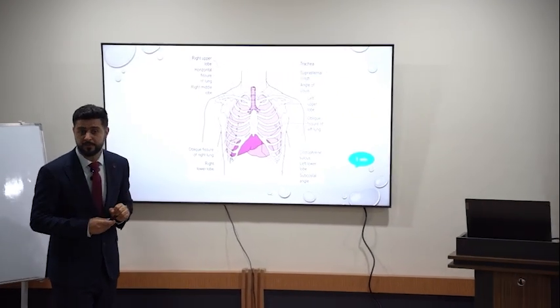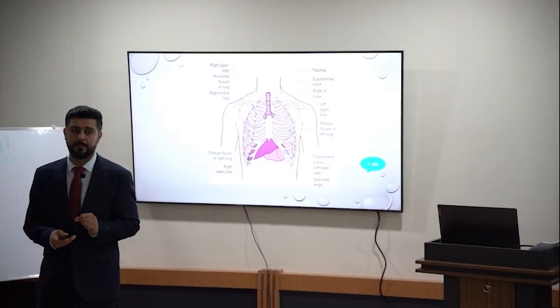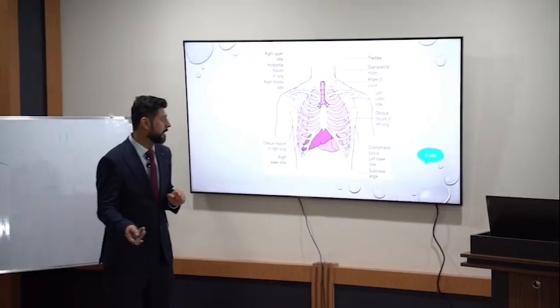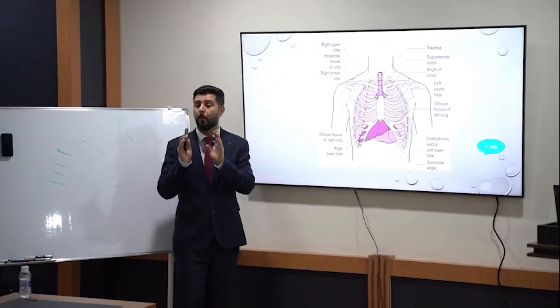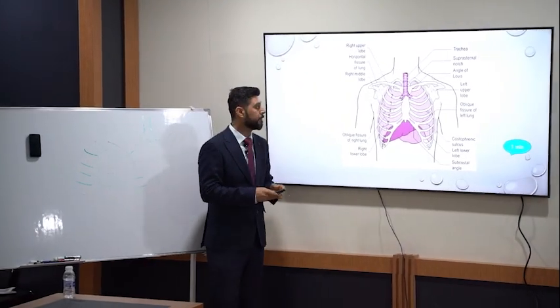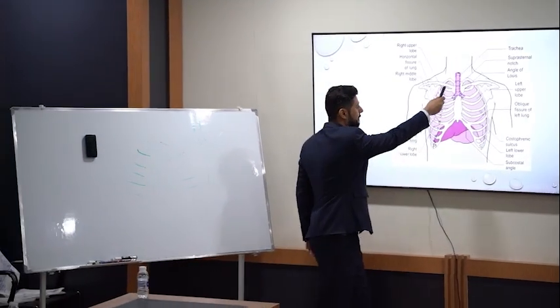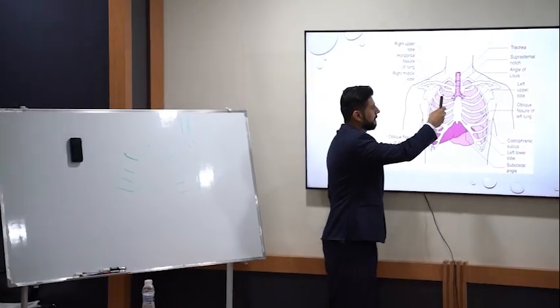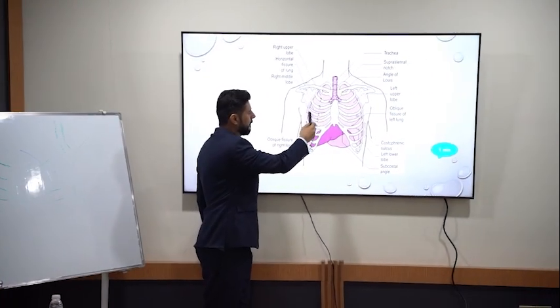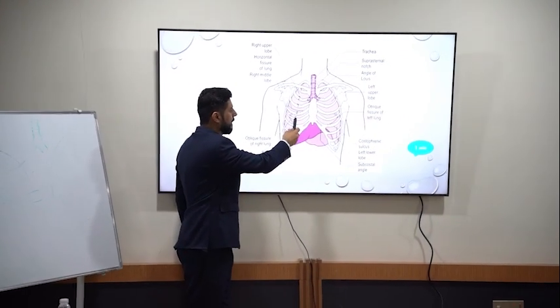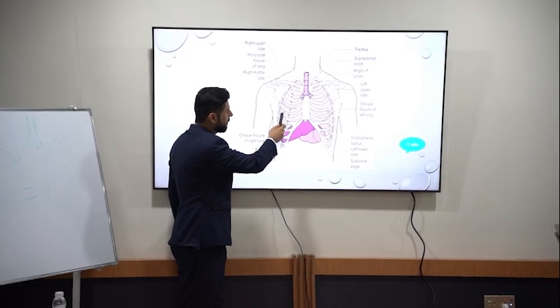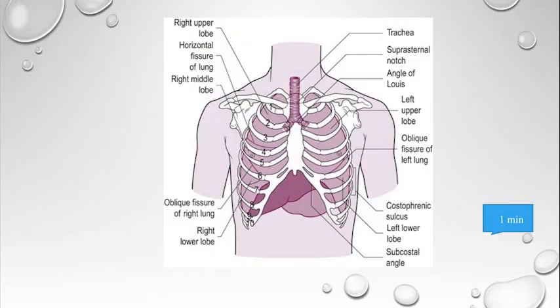How do we insert a chest tube and when to insert it? According to that, we will talk about where to insert the chest tube. So we have the first rib, second, third, fourth, fifth. Between the fourth and fifth, we have the nipple.